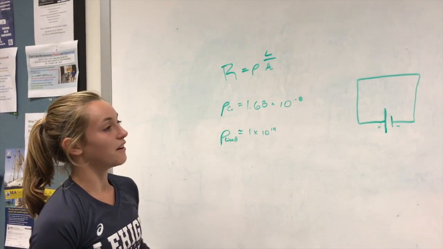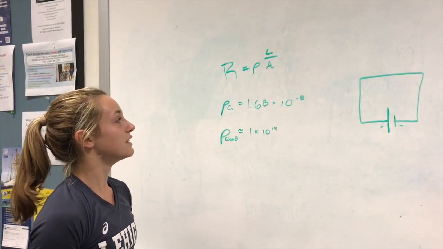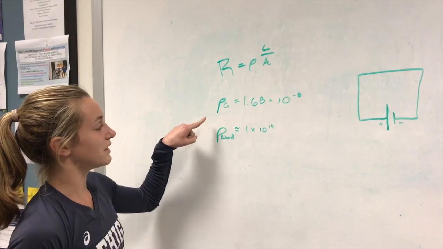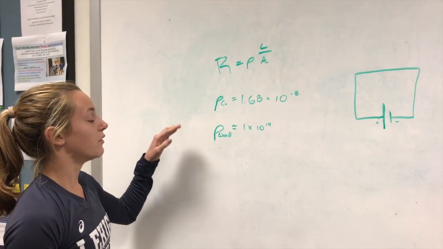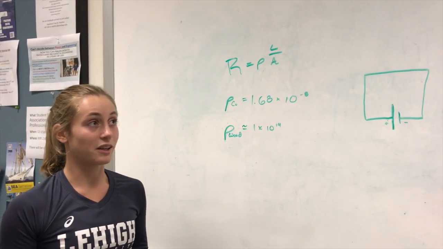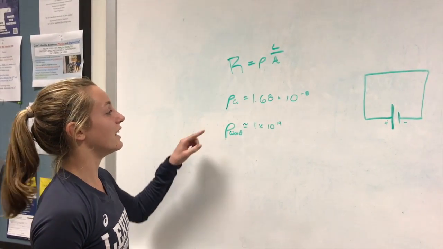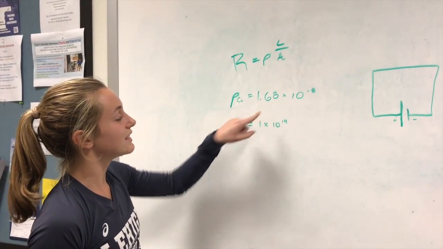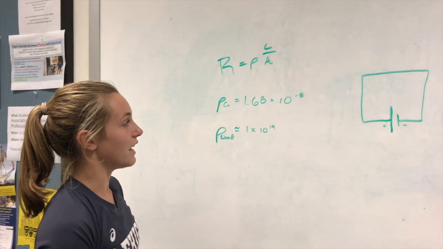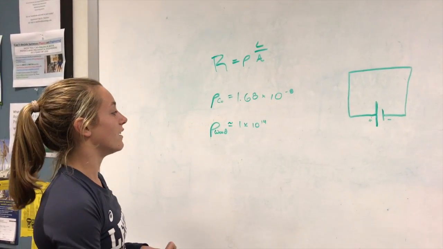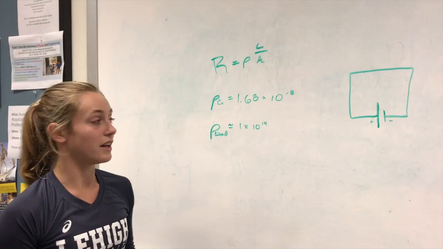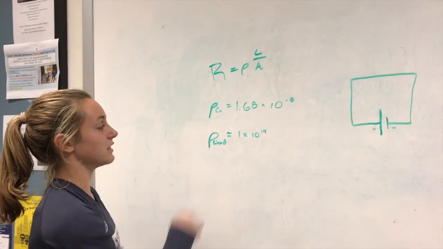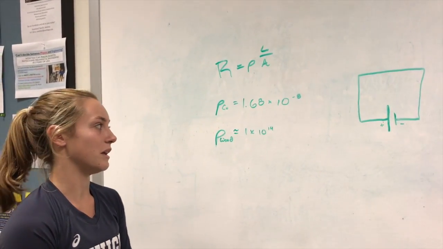The resistance of metals and other conductors is going to be much lower due to their inherent resistivity. For example, copper, a really good conductor, is super low at 1.68 times 10 to the negative 8th ohm meters, while the resistivity of wood is very high at a magnitude of 1 times 10 to the 14th ohm meters.